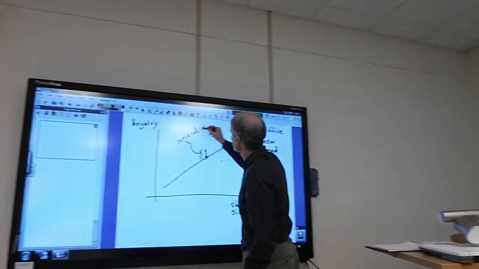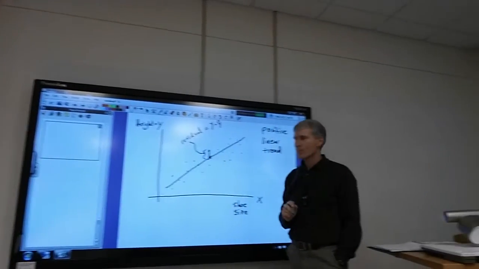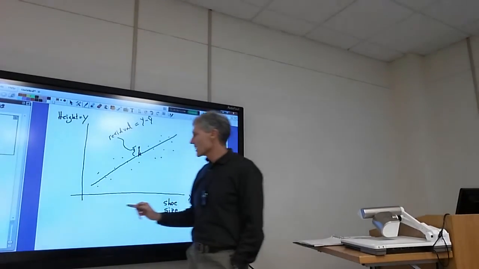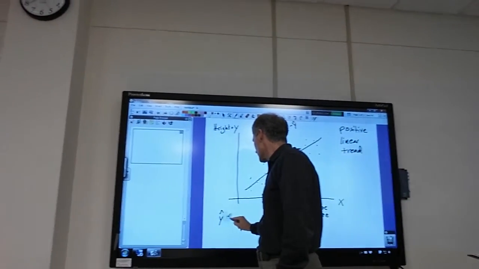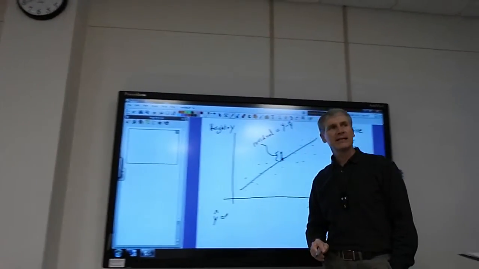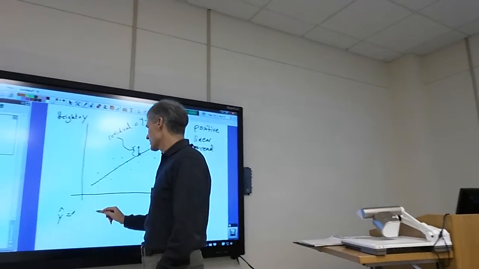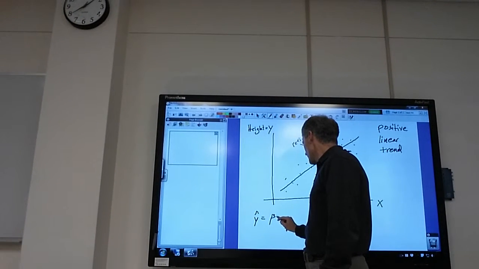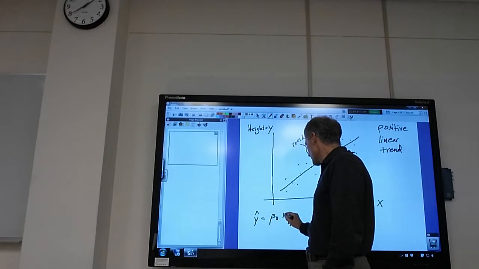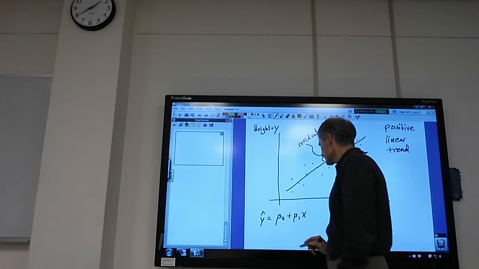So it's equal to y minus y hat. y hat is our notation for the predicted value. So the equation of the line is y hat equals beta 0 plus beta 1 times x.